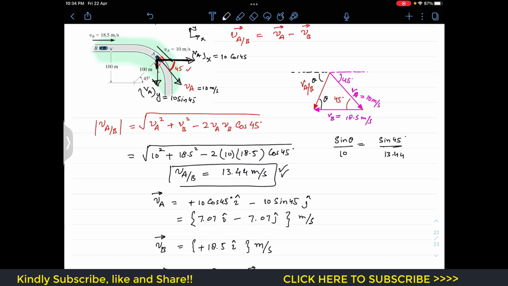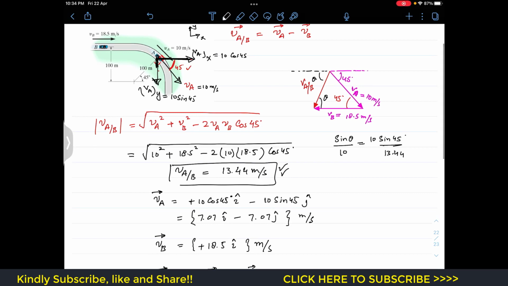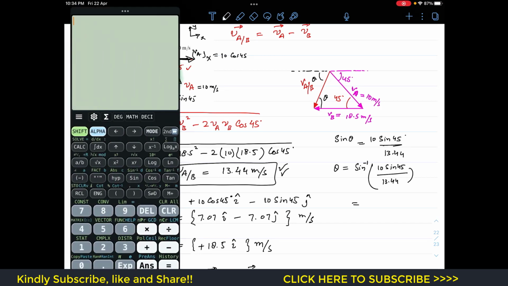Now if we cross multiply both sides with 10, sine of theta equals this, and we can write that theta is equal to sine inverse of 10 sine of 45 divided by 13.44.